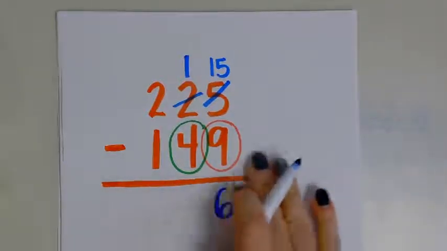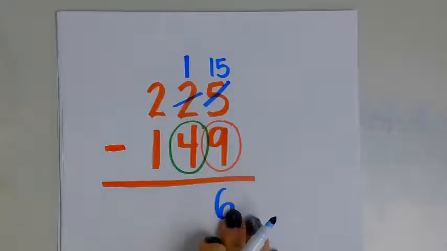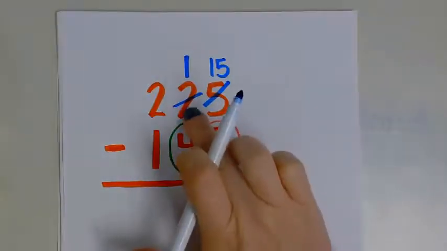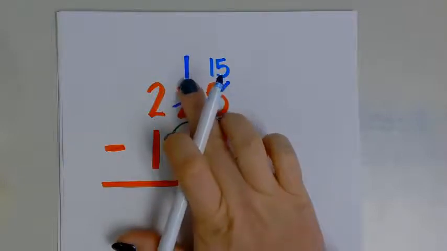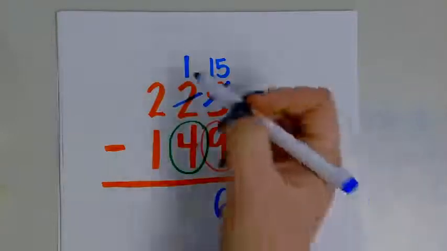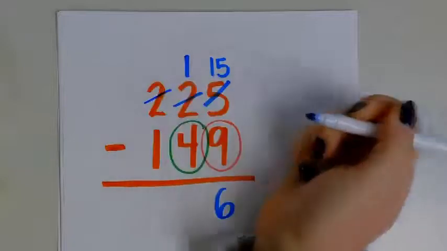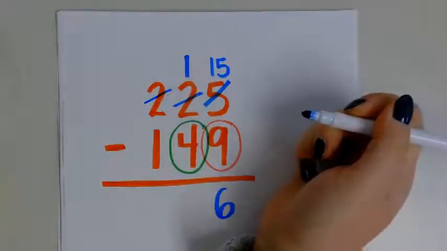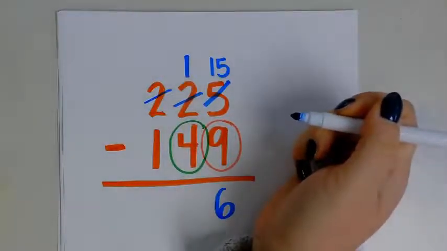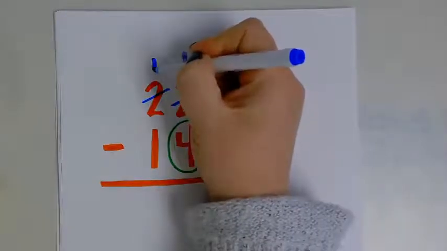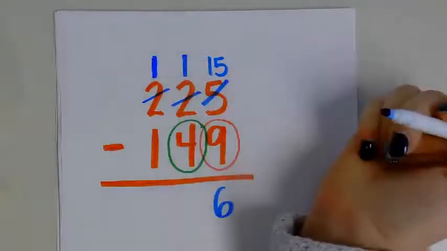The regrouping again works the exact same way, except instead of 2, I now have 1. So I'm going to take a group of 100. If I have 2 and I take away a group, I am left with 1 group in the hundreds place.